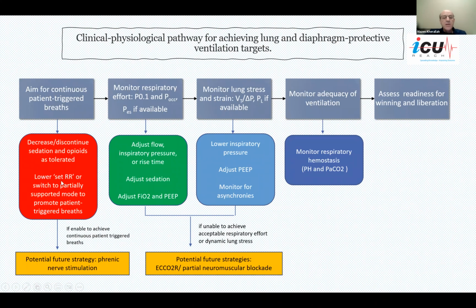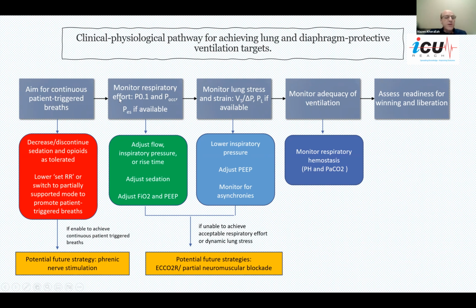You can lower the set respiratory rate or switch the patient to a mode that can support or promote patient-triggered breaths. If you're not able to do this and the patient is not breathing, this is a future indication for phrenic nerve stimulation.